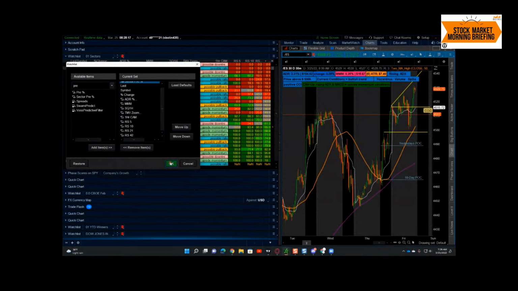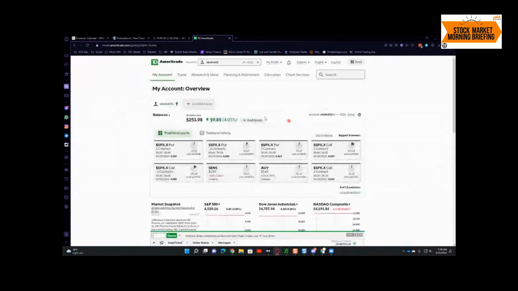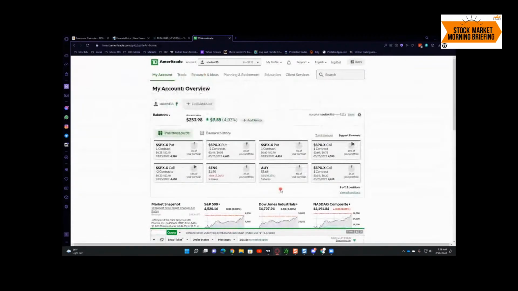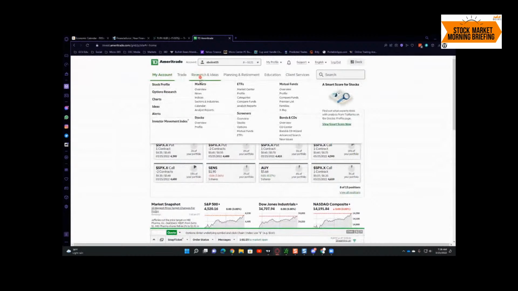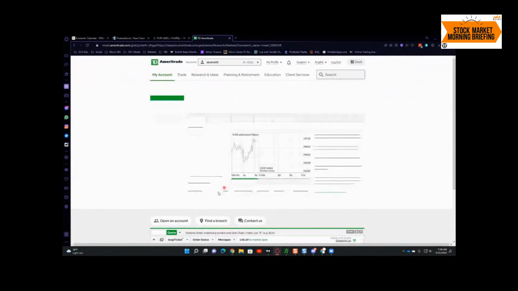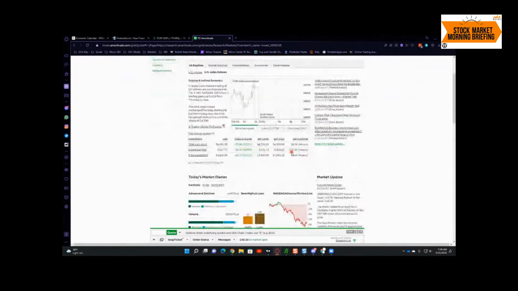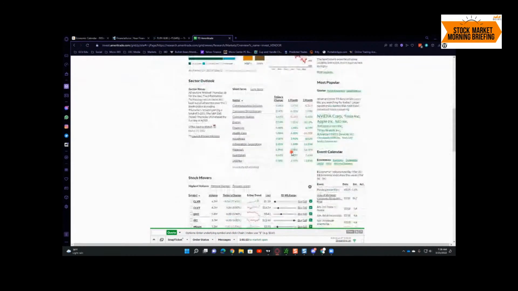So let's see if Thinkorswim is finally loaded on the website. All right, so once you're on TD Ameritrade, go to Research and Ideas, go to Markets, scroll down, looking at the left side.